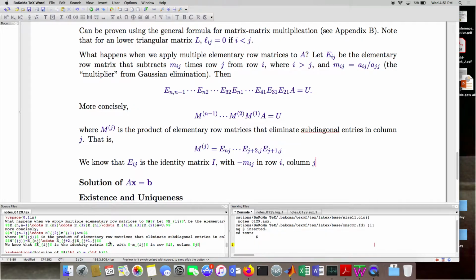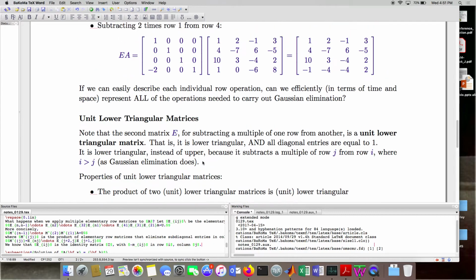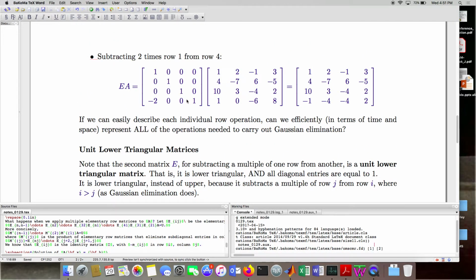So in words, that's the full description of this matrix. And that's what we saw here. This is the identity matrix, and I'm trying to eliminate the entry in row 4, column 1, and that leads to this entry down here. So we know what those individual row operation matrices look like.